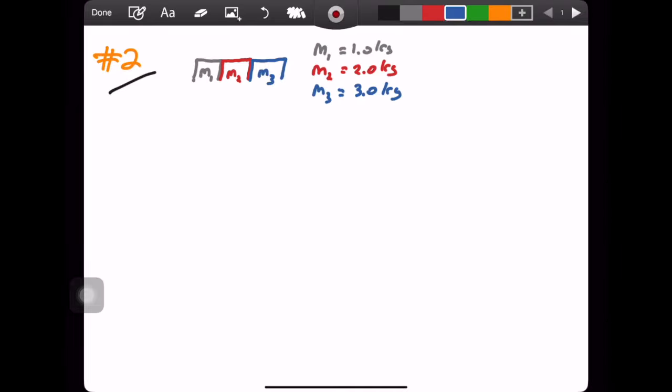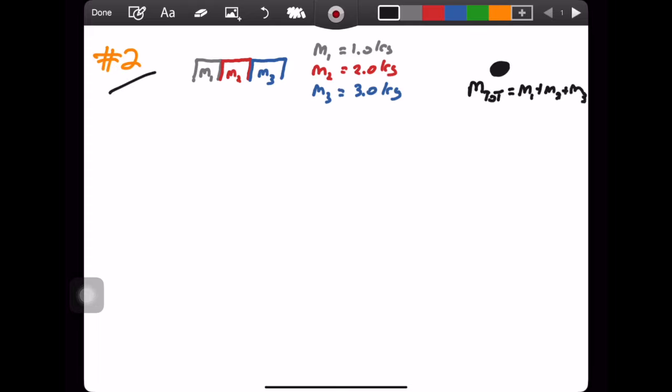And what's going to happen is, if you can imagine representing all 3 of these masses as just a single supermass where I have my M total represented by that dot, which is simply equal to M1 plus M2 plus M3.